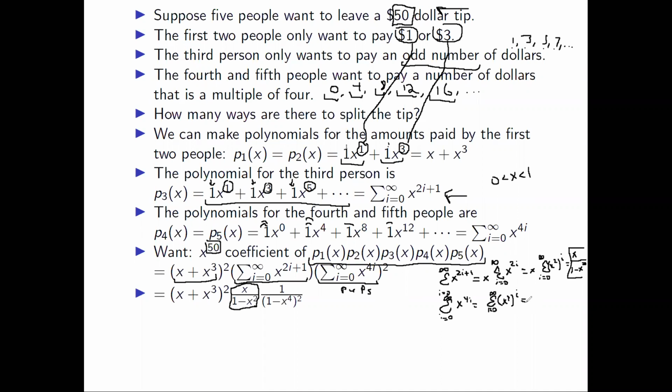And using the same formula that we proved in the video on geometric infinite series, the value of this sum when it converges, and it does converge when 0 is less than x is less than 1, is going to be 1 over 1 minus x to the 4th. And we were squaring that sum over here, so we're squaring the 1 over 1 minus x to the 4th over here. So that's how we get this last term, the 1 over 1 minus x to the 4th, and we're squaring it.